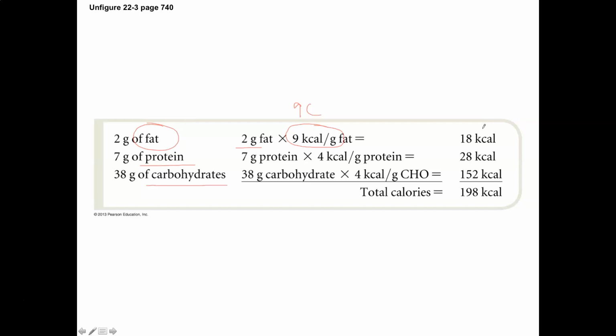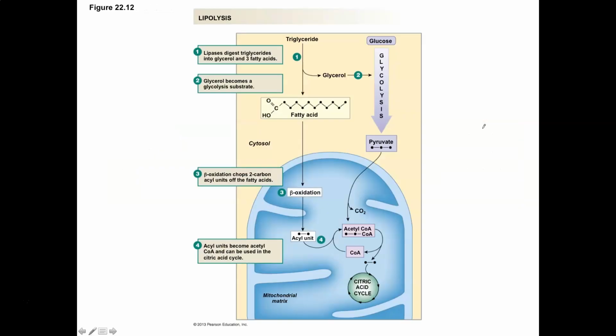In order to get energy from lipids, we need to be able to digest lipids. So on this particular diagram, this is just showing you a generalized idea of how we get energy from lipids, from triglycerides. So triglycerides, this would be a molecule with glycerol and 3 fatty acids.